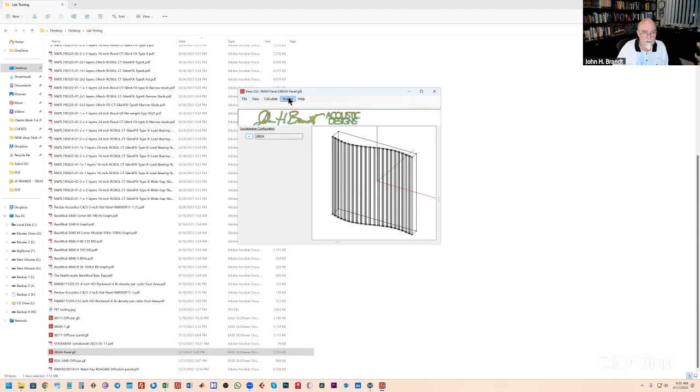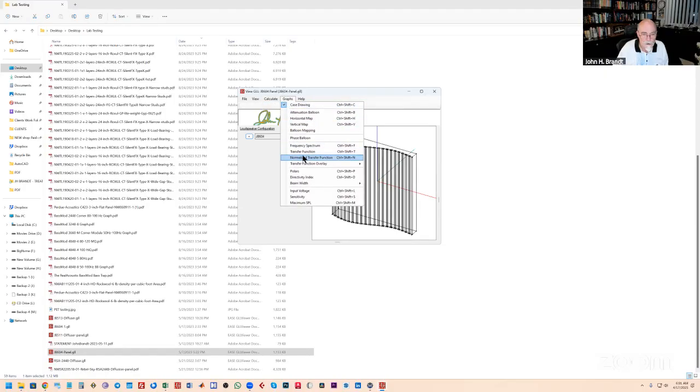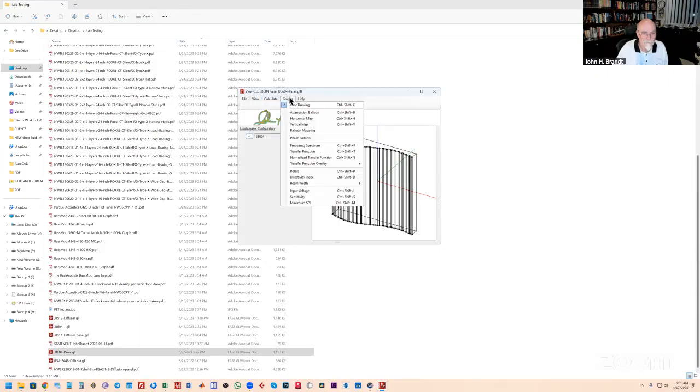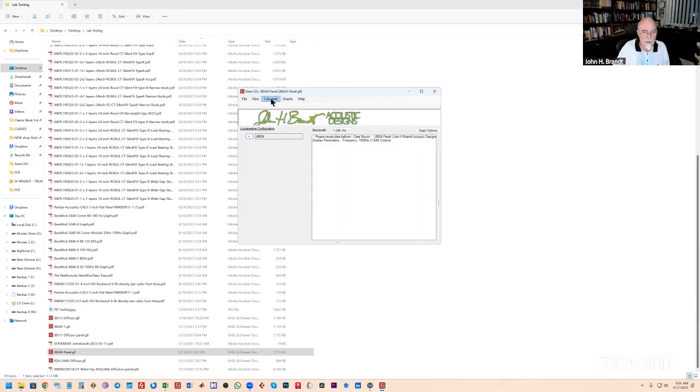Let's see. First, I need to balloon. No graphs. There is one thing you have to do when you set this up. Damn it, I forgot. Let's go. I'm going to do a vertical map. I'm going to calculate balloon.